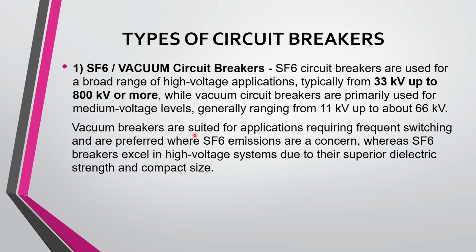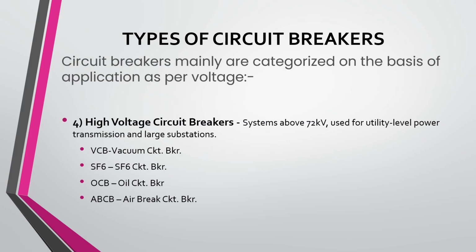Vacuum circuit breakers are suited for applications requiring frequent switching. That means you need the circuit breaker to operate very frequently, and vacuum circuit breakers are preferred where SF6 emissions are a concern. Whereas SF6 breakers excel in high voltage systems due to their superior dielectric strength and compact size.